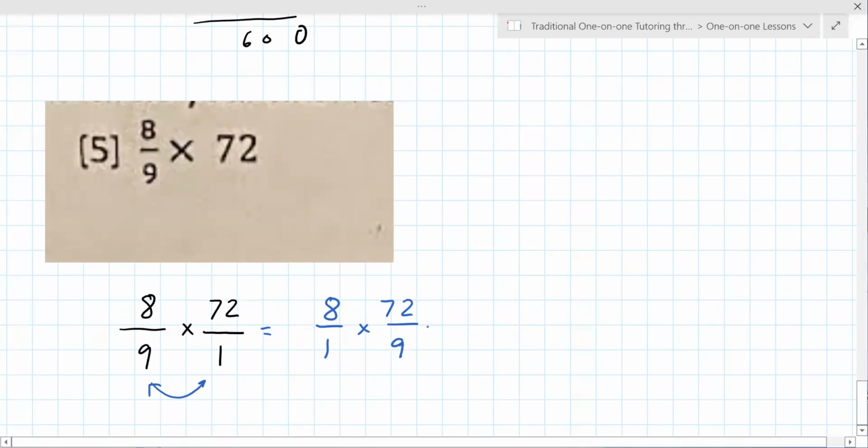So this part on the right here becomes just an 8. Now you can multiply the top, which is 64/1, because you multiply the tops, you multiply the bottoms, and that gets you to 64.